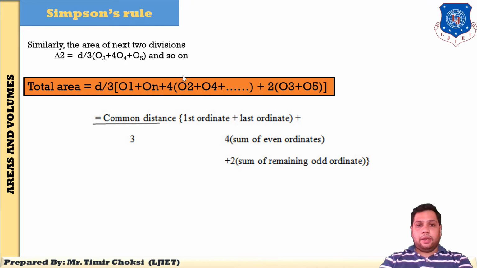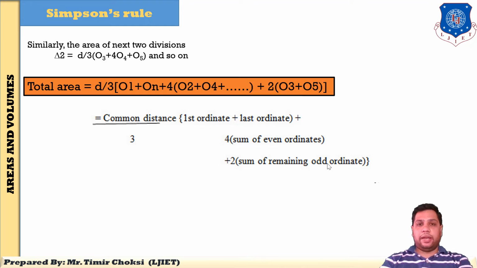Then O3 appears twice, so 2O3. So the odd ordinates have the multiplying factor 2, and 2 is common: 2 in bracket sum of remaining odd ordinates.